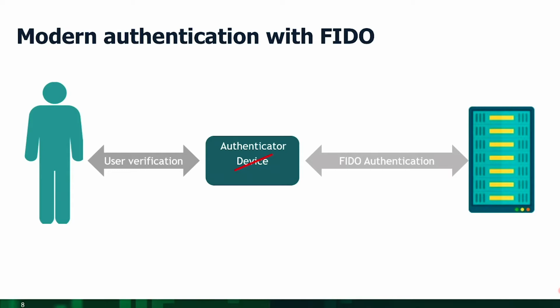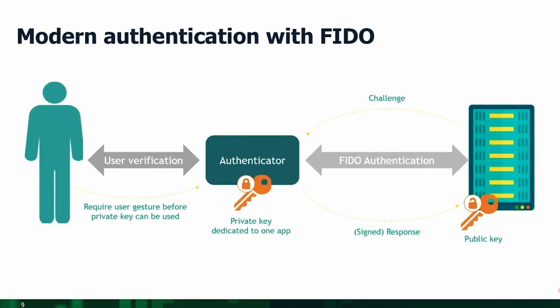The Authenticator then talks to the server. So we no longer have this problem of a password being passed all the way through from the user to the server, and therefore it can't be stolen. We've split the things into two parts.